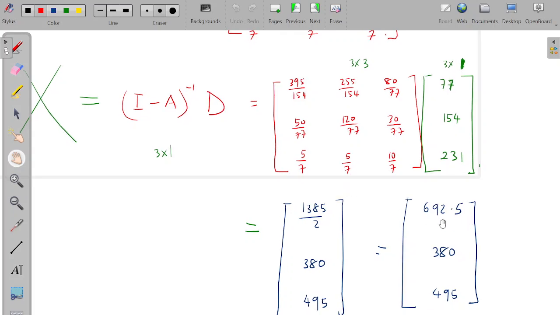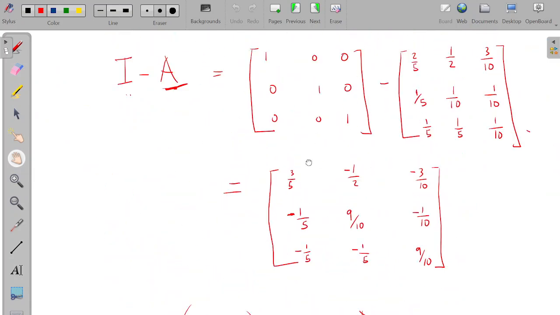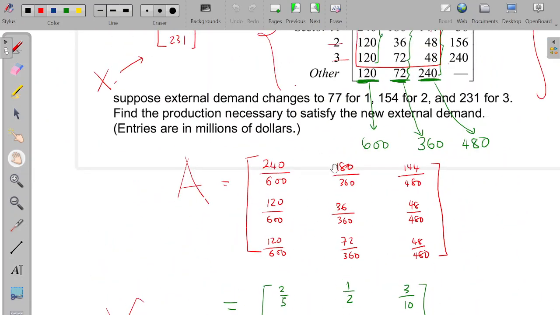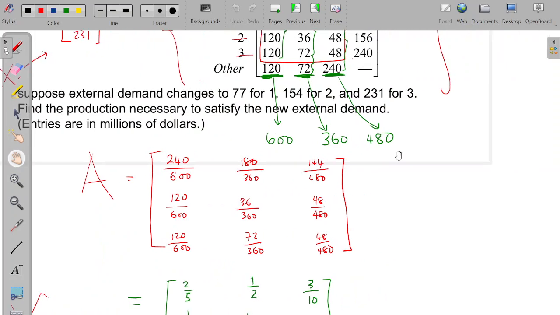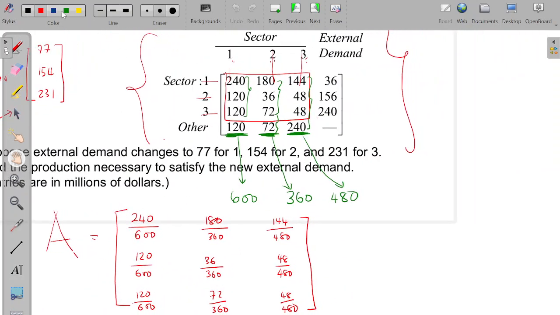and you get the new production we are supposed to produce. The new production for the first sector is 692.5. The sum we got earlier is the old production when the external demand is as given. So this is our old X, the old production: 600, 360, 480.